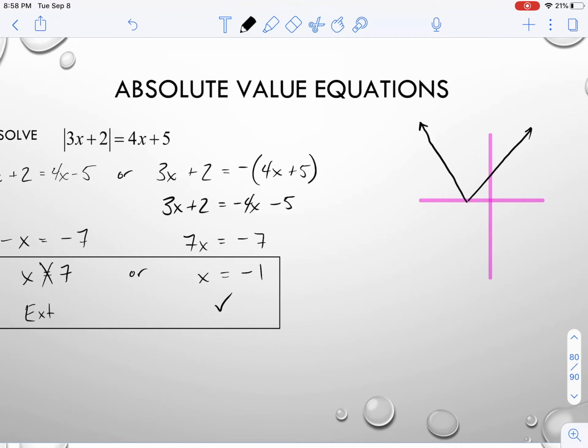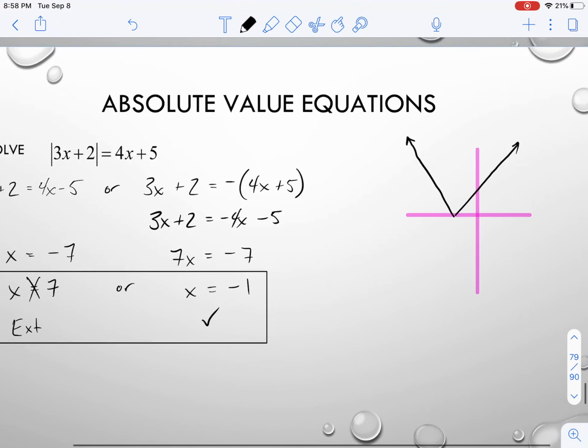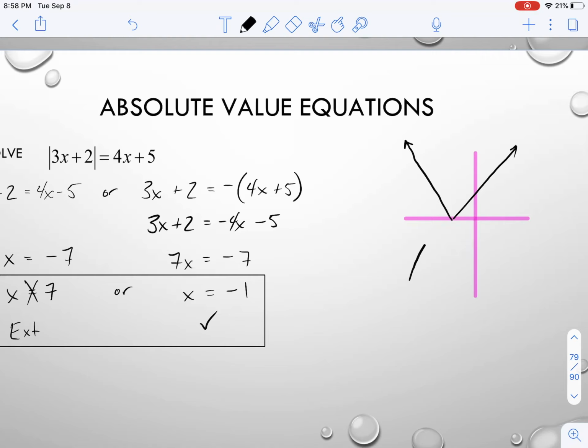And then I have a linear equation that has a slope. It might look something like this. This linear equation has a slope that is steeper than the absolute value's right-hand side, and I only have one point of intersection.